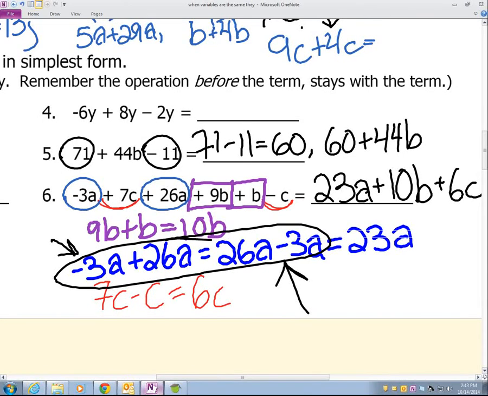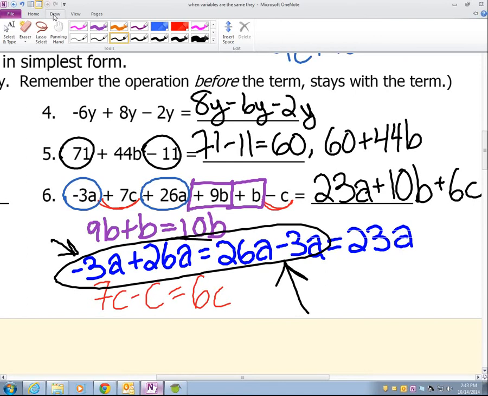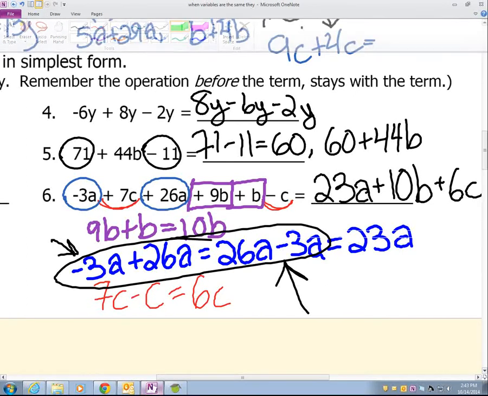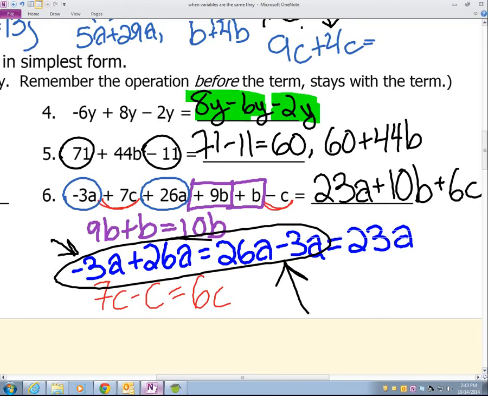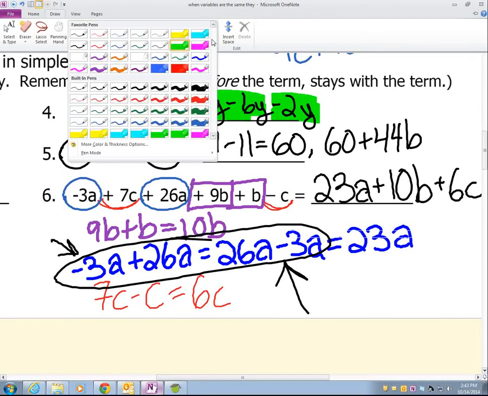So would it just be 1? No. Because 8y minus 6y minus 2y, when we get to this part, that comes out to be 2y. 2y minus 2y is 0.